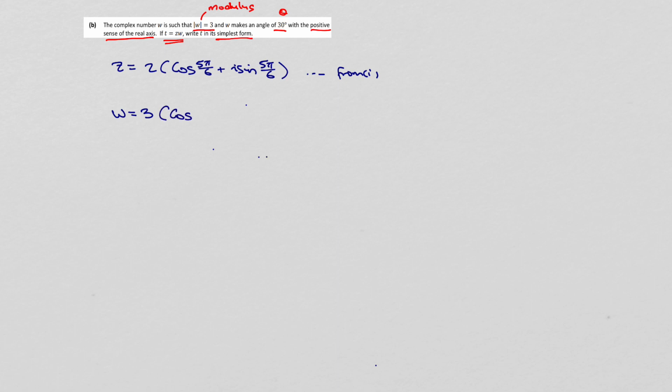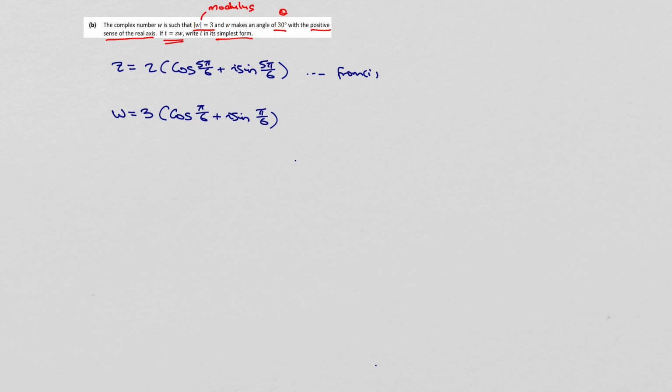Because I have z written in radian form, I'm now going to write w in radian form also, because it wouldn't make sense to have one in degrees and one in radians. So 30 degrees is, of course, pi over 6. So that's cos pi over 6 plus i sine pi over 6.